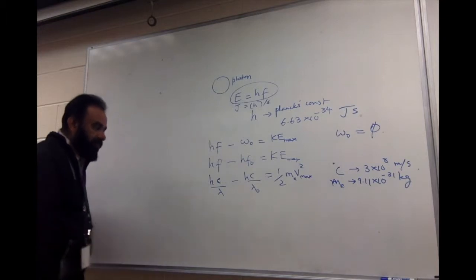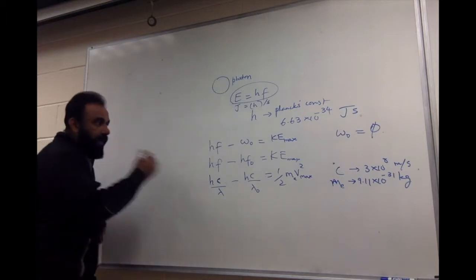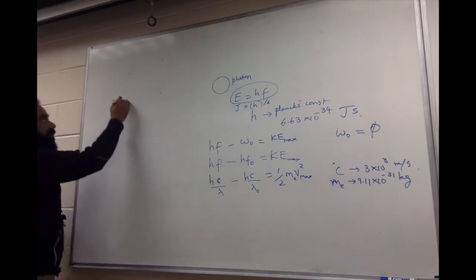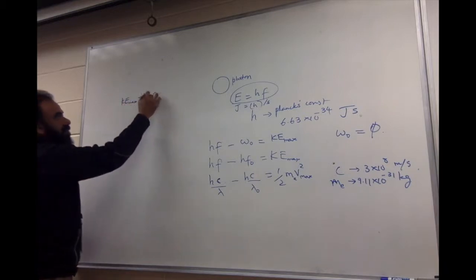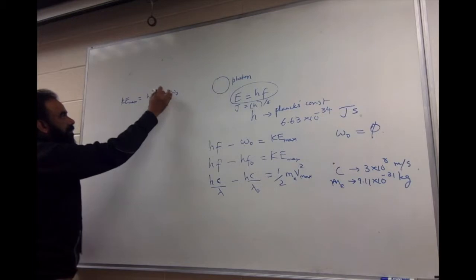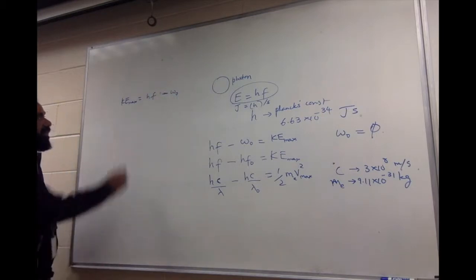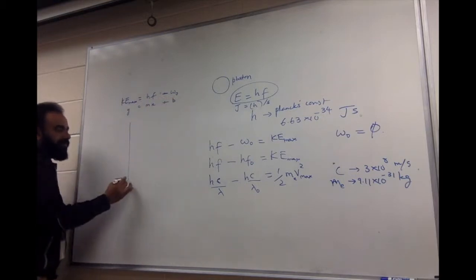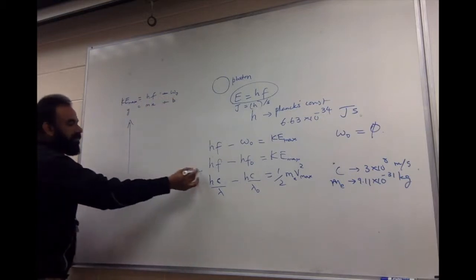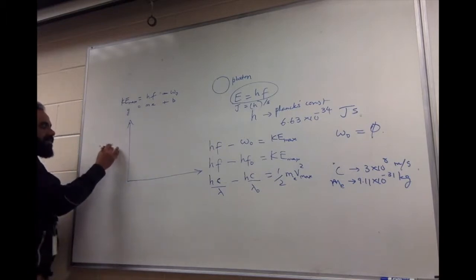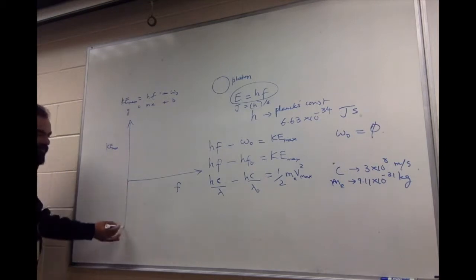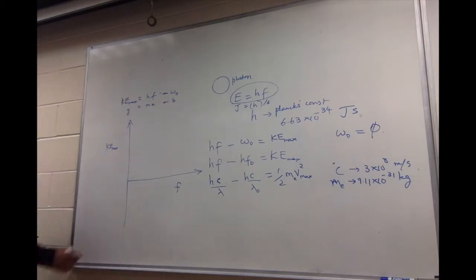And then we saw how this equation, kinetic energy max equal to hf minus work function, can be plotted on a graph, y equals mx plus b. Kinetic energy max is plotted against frequency, and the graph is going to be a straight line.